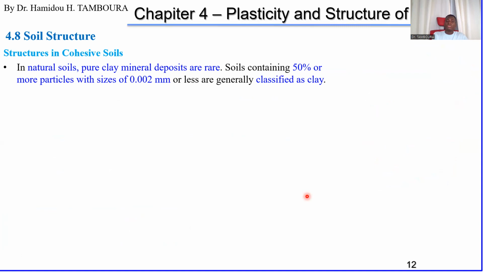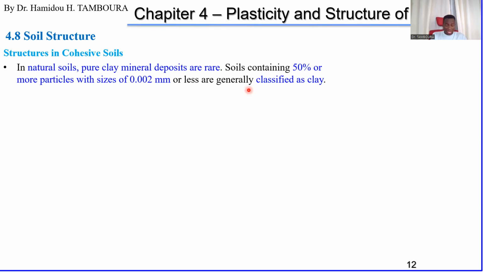But if you have a soil containing 50% or more particles with 0.002 millimeter size or less, then this soil is generally classified as clay.